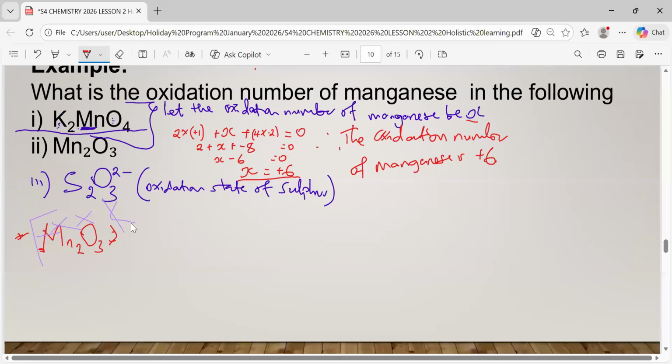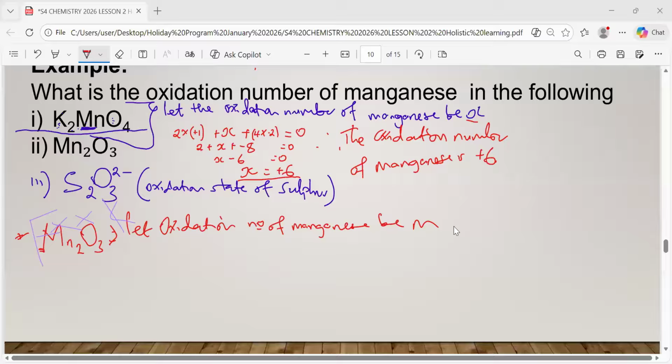So let the oxidation number of manganese be M. I think it's a neutral molecule, so there is no charge. And the oxidation number of oxygen is -2, but since there are 3 atoms, we shall multiply it by 3.